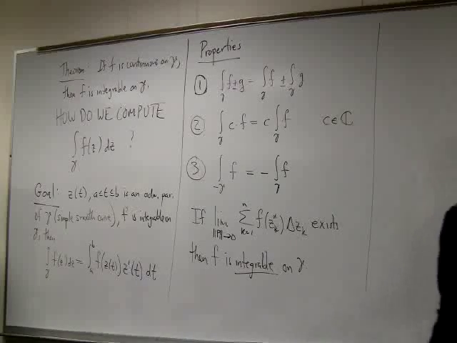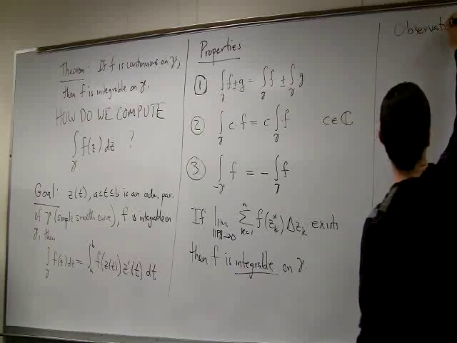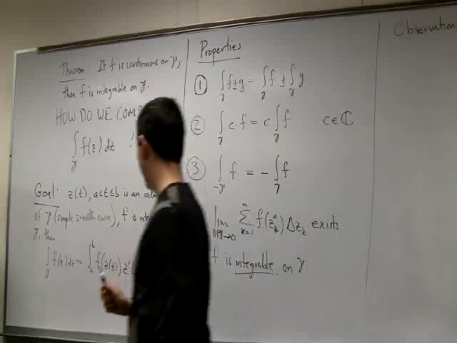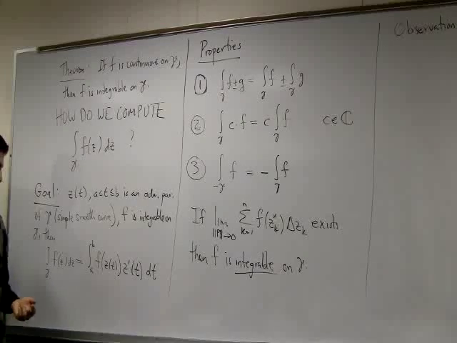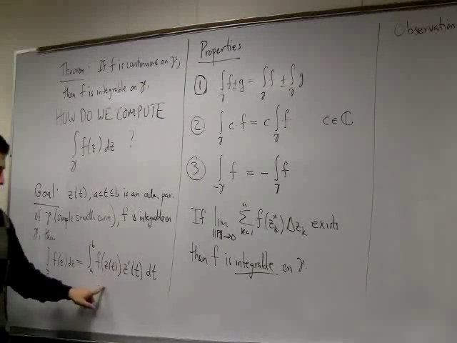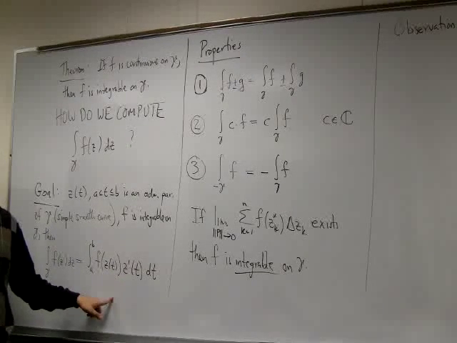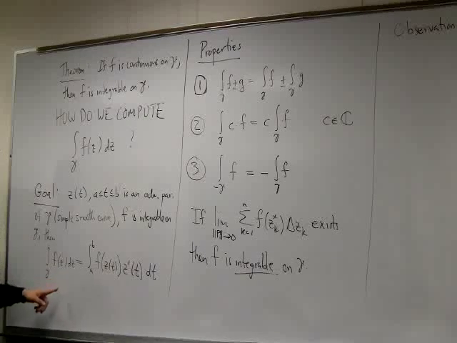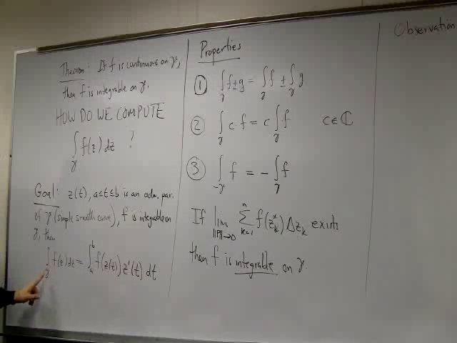So here's the really cool observation. Note here I said let z of t be an admissible parameterization of gamma. And then I said if you compute this definite integral, you will get the integral of f over gamma.